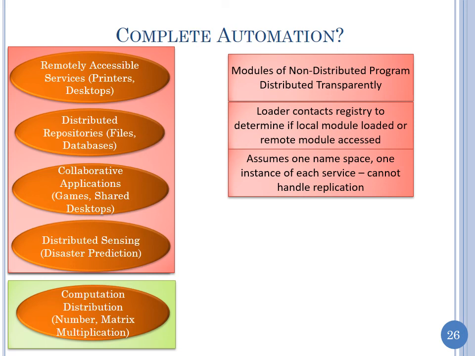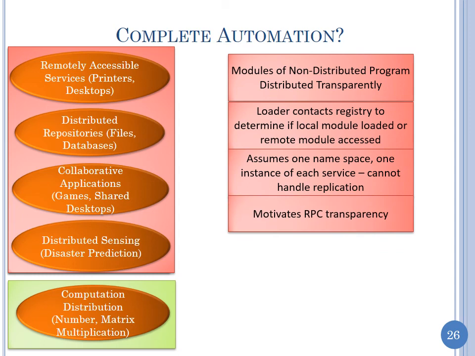We can't handle replication. So whenever the calling module calls something that is not loaded locally, the runtime automatically looks up the registry and forwards the call to the remote module. The caller is unaware, the callee is unaware, but the runtime and the loader are aware of where each module is.